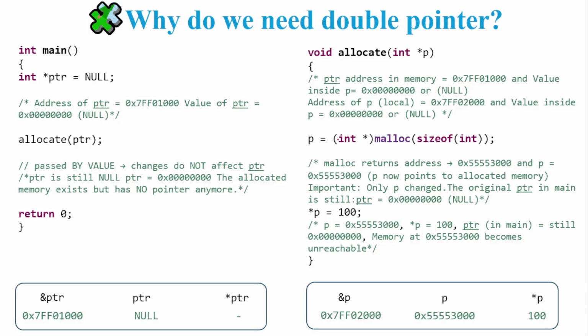However, if this pointer is passed to the function by value, any changes made to it will only affect the local copy inside the function and will not be visible outside the function. Similar to passing a normal integer variable by value, modifications remain local to the function.